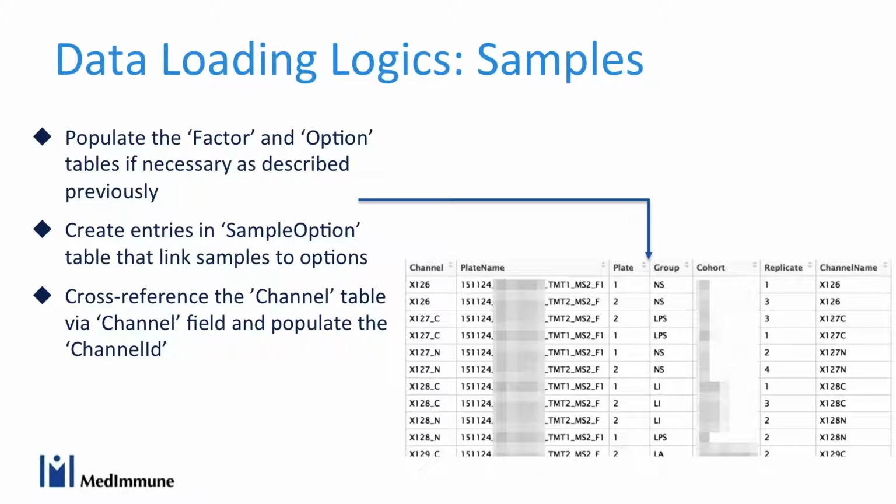We passed this set of table design and logic to Frank and Corey and all the nice people at LabKey, and they actually implemented a module for us called the Medimmune module that allows us to import the data.